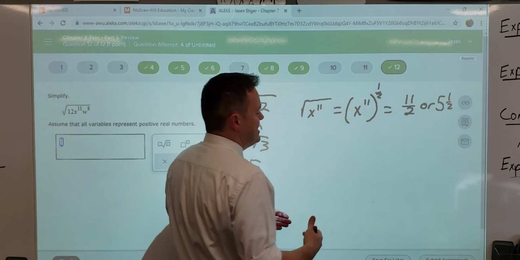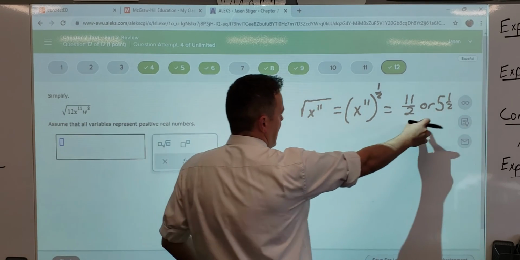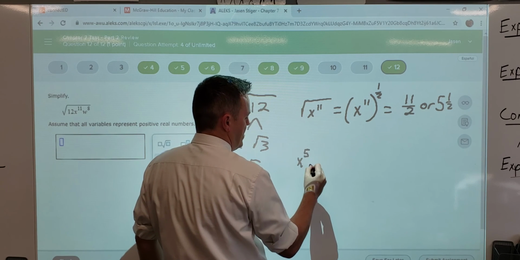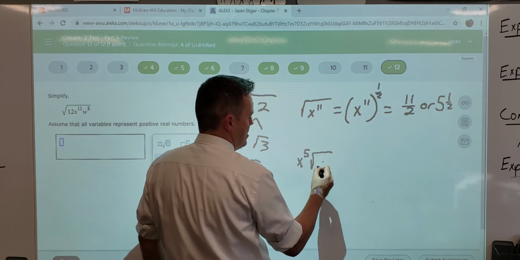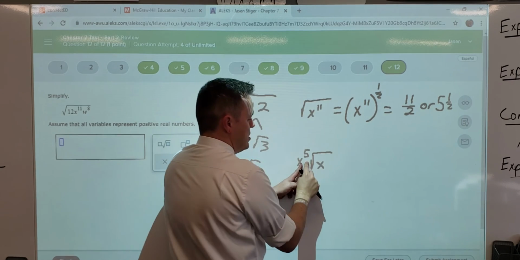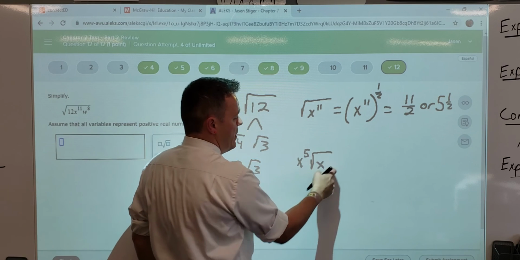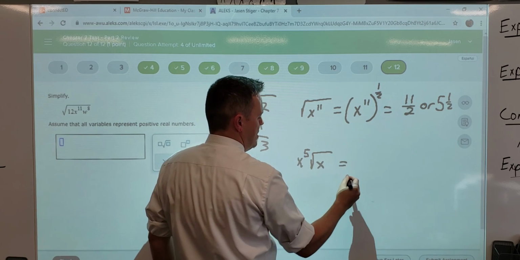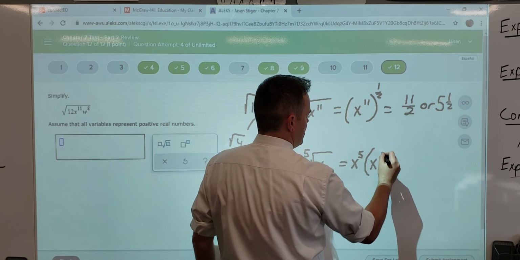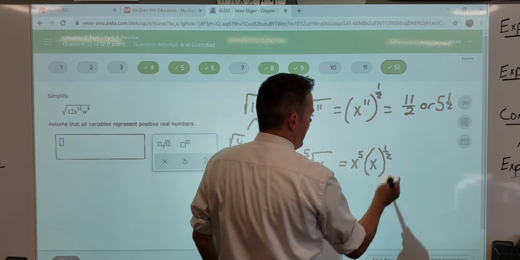What I want you to understand is if I'm coming in and I take half of these out, I would have x to the 5th, and then what do I leave behind? I leave behind 1x, because that's what this is saying. I pull 5 out, and I leave 1 behind. But remember, this can also be rewritten as x to the 5th, and then x to the 1/2.